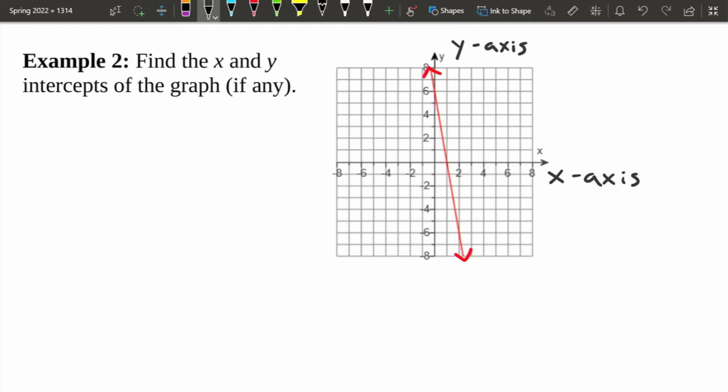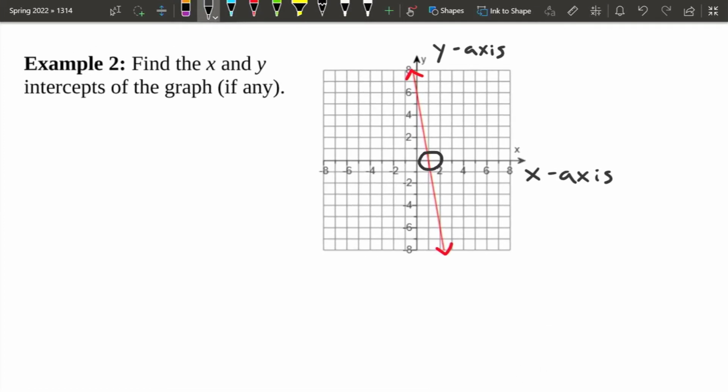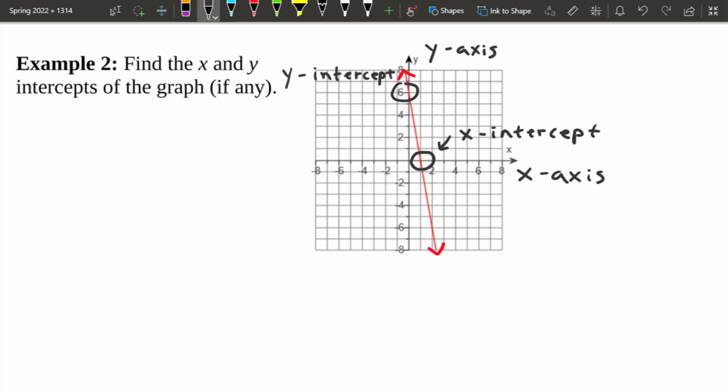And so there are points in many graphs where it crosses these different axes. In this case, where it crosses the x-axis, that's what we call the x-intercept. And where it crosses the y-axis, that's what we refer to as the y-intercept.